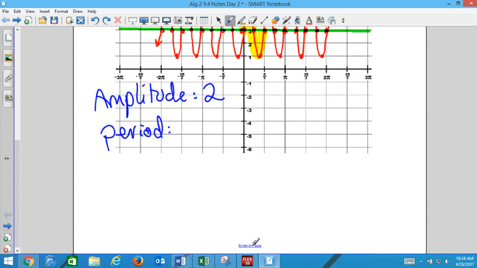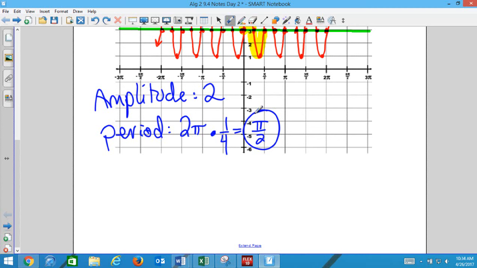So if you take your normal period, your parent function period, which is always 2 pi, and you multiply by whatever we multiplied our x's by, for this one it was 1/4, that will always be your period. It's always what you multiply the x's by. So this one was pi over 2. Okay?